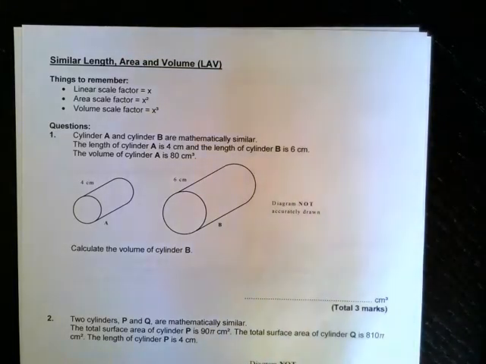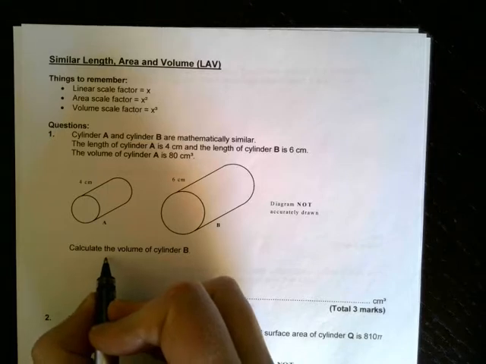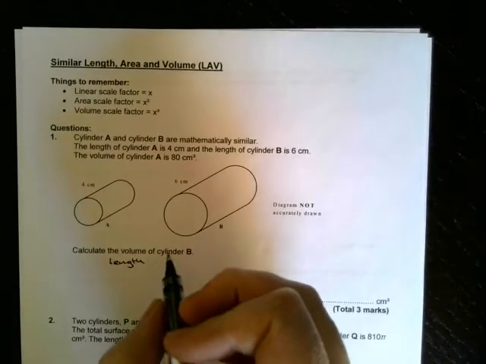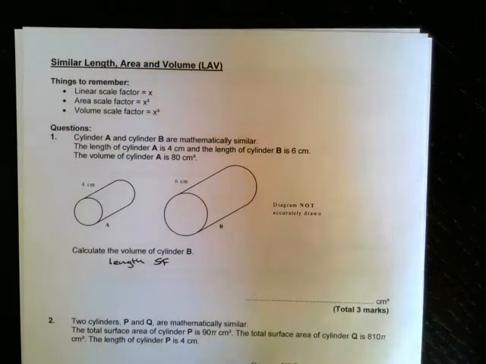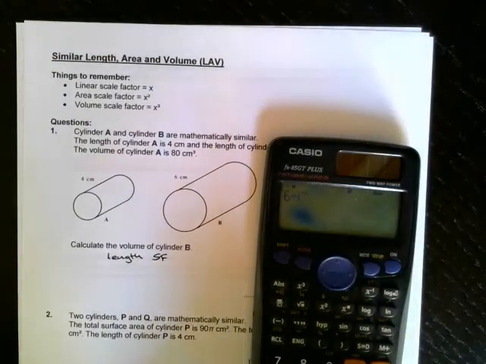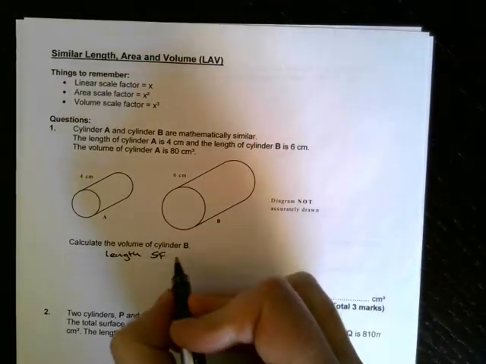The length of cylinder A is 4 centimeters and the length of cylinder B is 6 centimeters. So to get from A to B, 6 divided by 4 is 1.5.